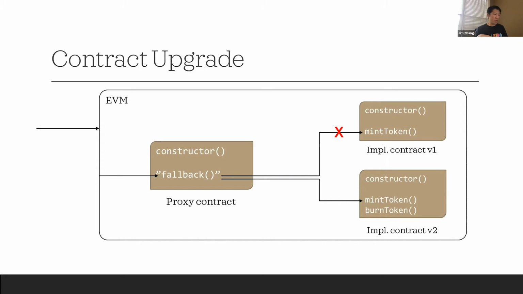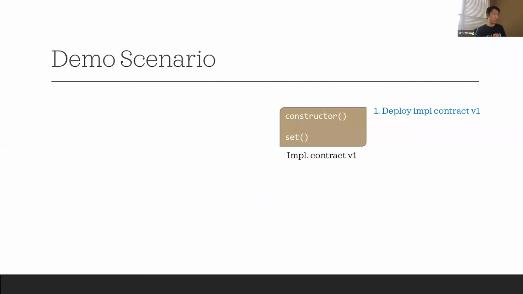All of a sudden, the client will have the updated processing for mint token, but is now also able to call burn token, still going through the same contract on the proxy. So the key is the proxy contract never changed, still processing transactions on the same address. The client doesn't need to know about a separate address in order to get the new processing logic. So this is how upgradable contracts work in general.